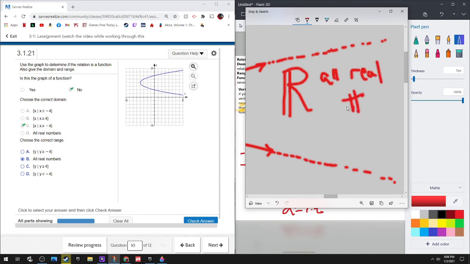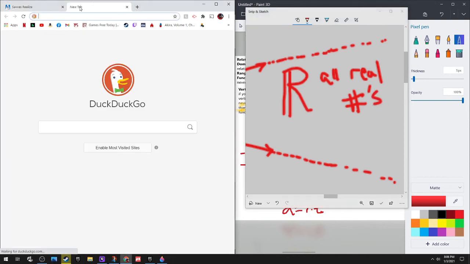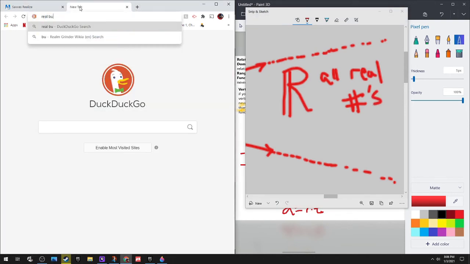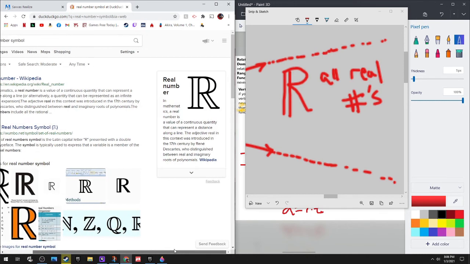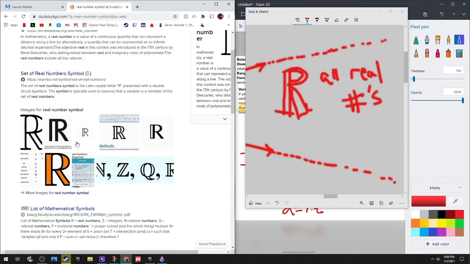So if you ever want to look fancy, you can usually just write those. People know what you mean. Now mine looks dopey. But so here are some ways that people write them.